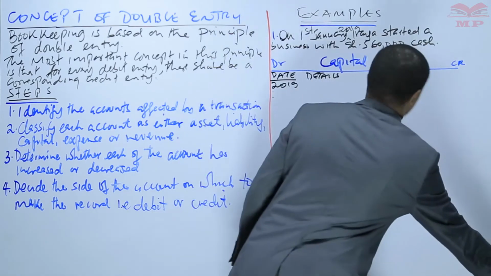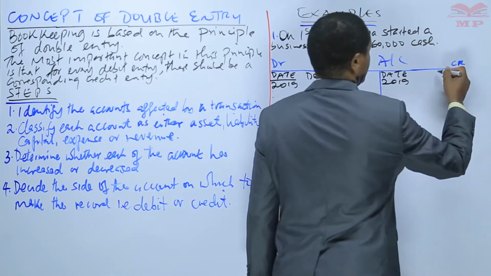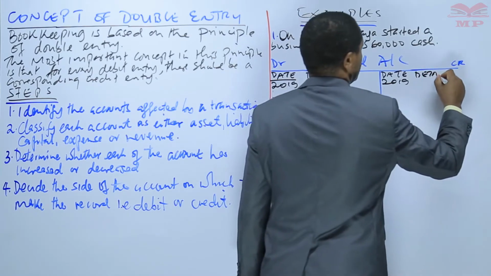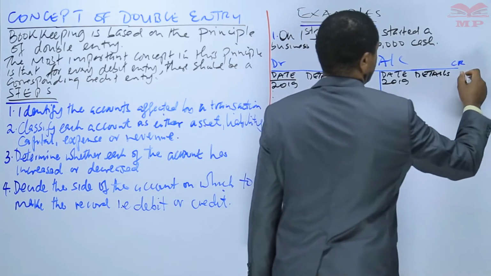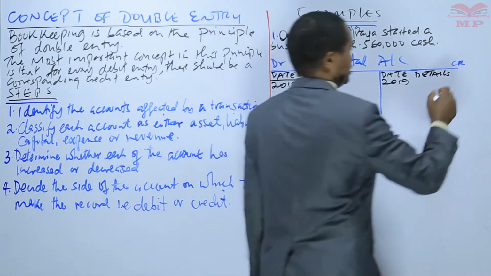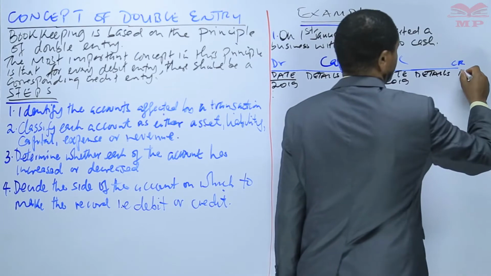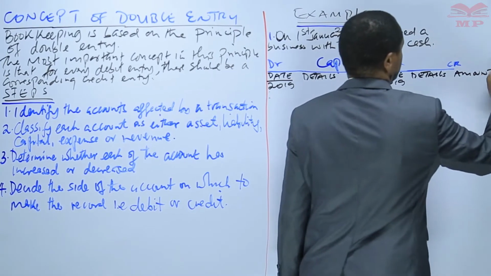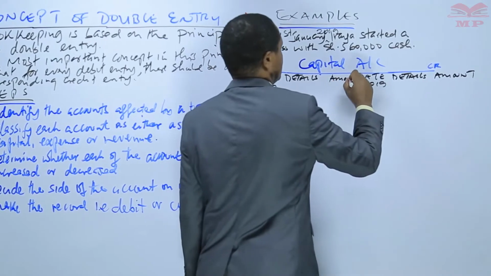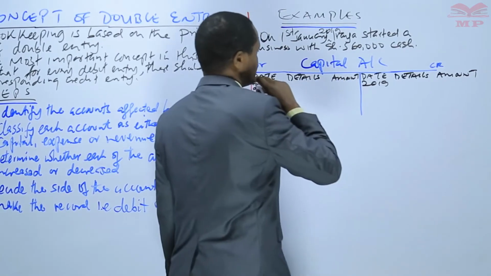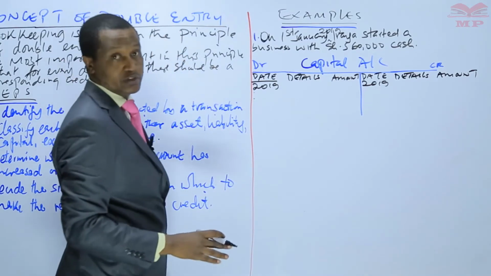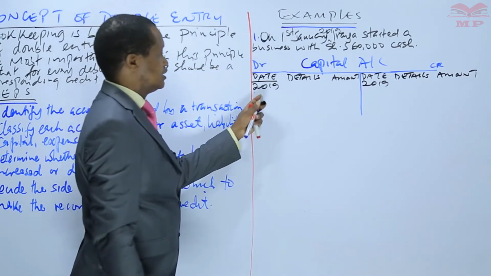Then you'll have a column for details and folio. I'll skip the folio for now. Then we have the column for amount. So this is the format of an account. Generally, this is how an account looks like.